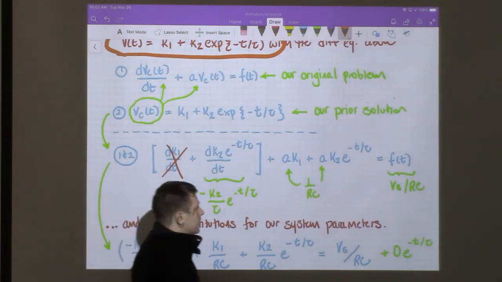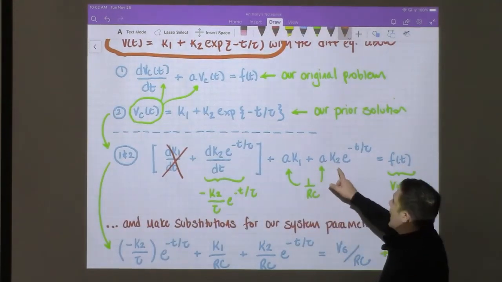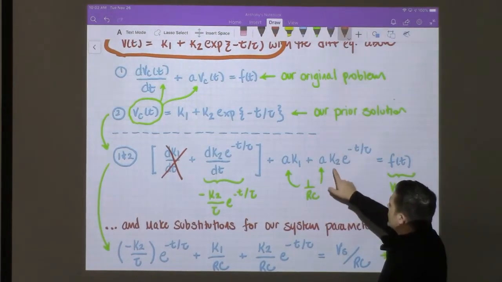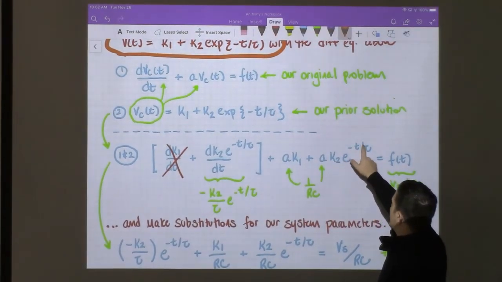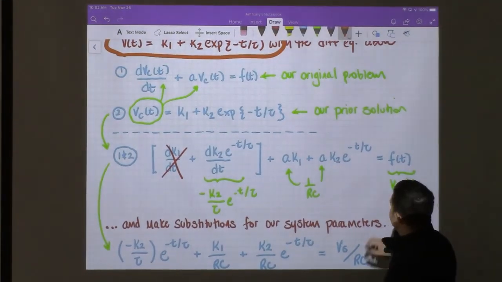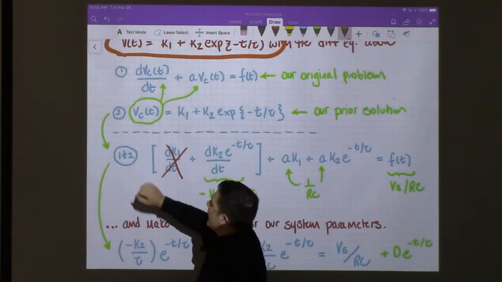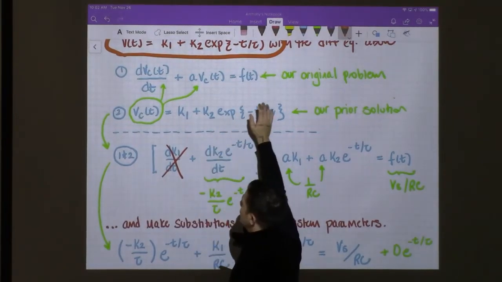And the last piece that we haven't dealt with is we'll simply have A times the complementary solution, K2 e to the negative t over tau, equals f of t, which we know what that is. So this right here represents the combination of 2 and 1.